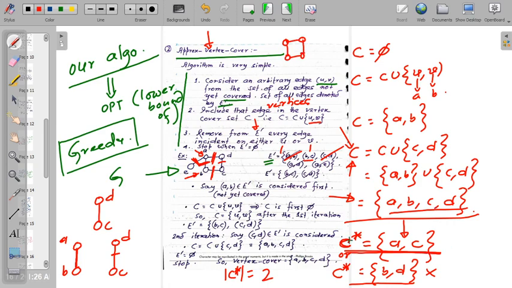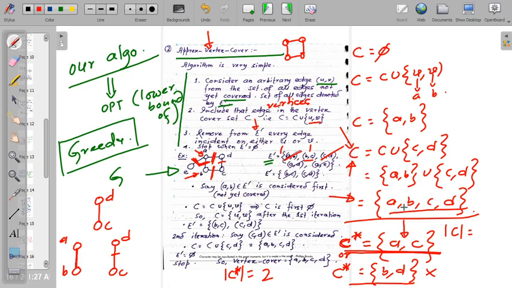Okay. So the cardinality of C star is 2. And what is the cardinality of C?